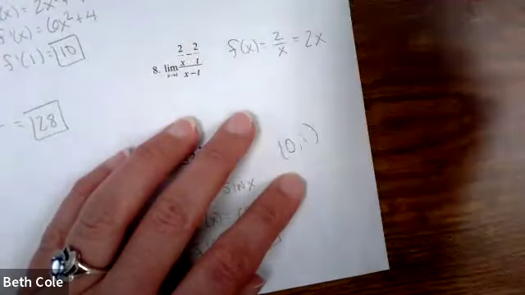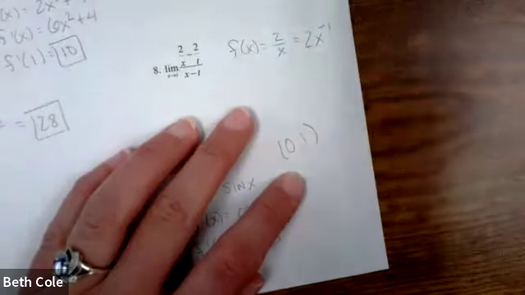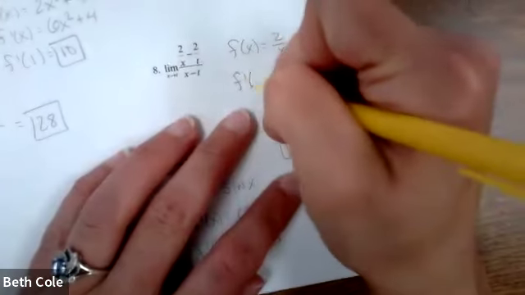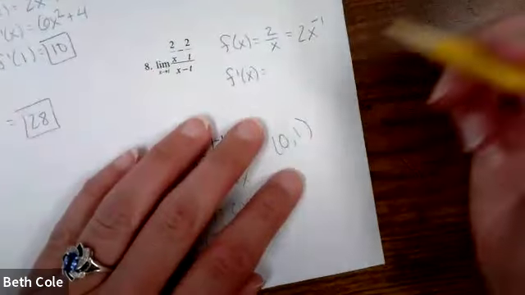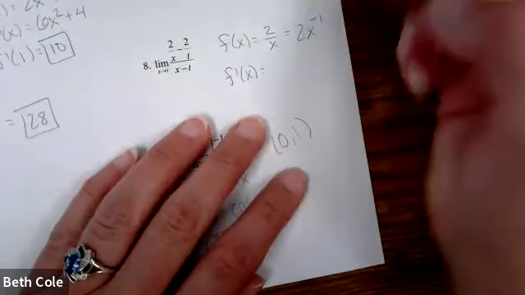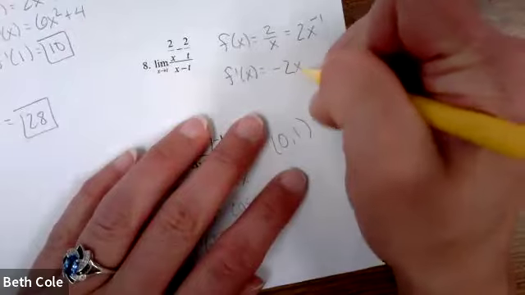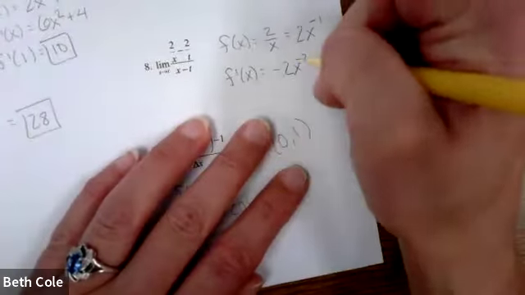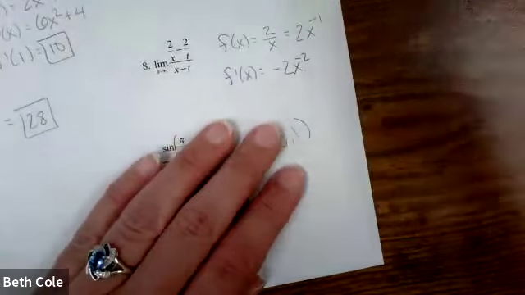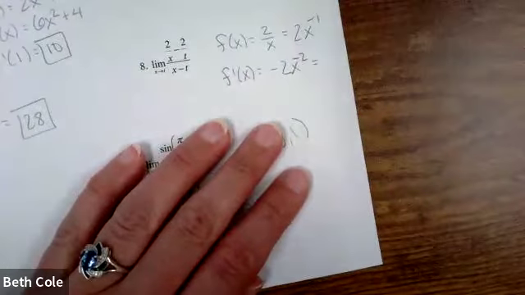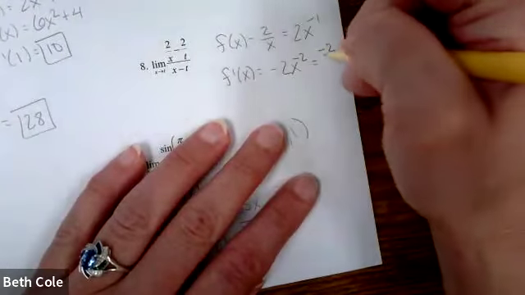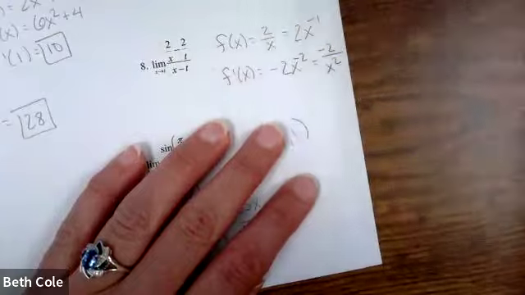It would be 2x to the what? -1. Good. Okay, cool. So when you take your derivative, you're going to have to watch your negatives. You would bring the -1 down, so it's going to be -2x to the power... Good. It becomes more negative. And so you can rewrite that as -2 over x squared.